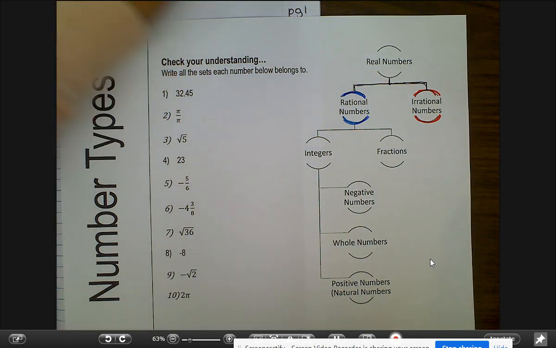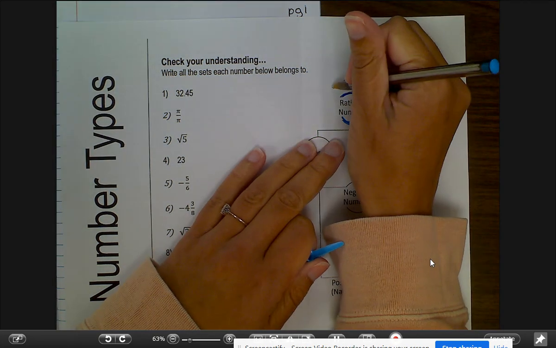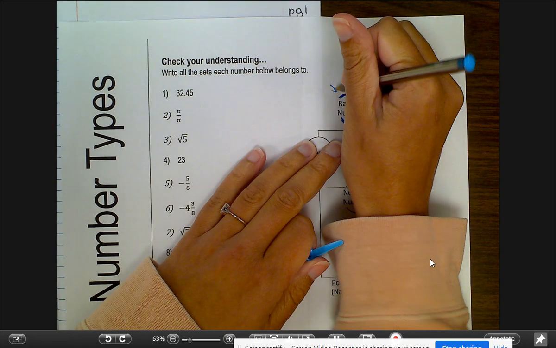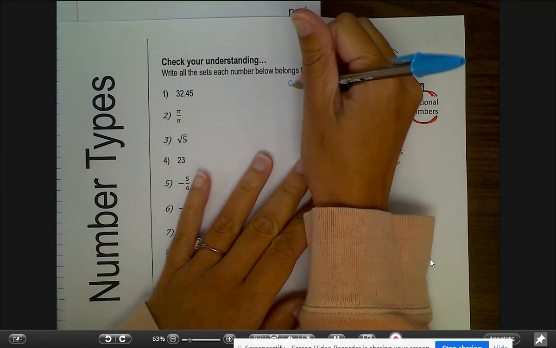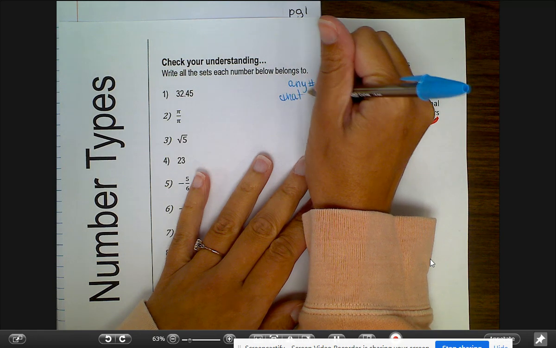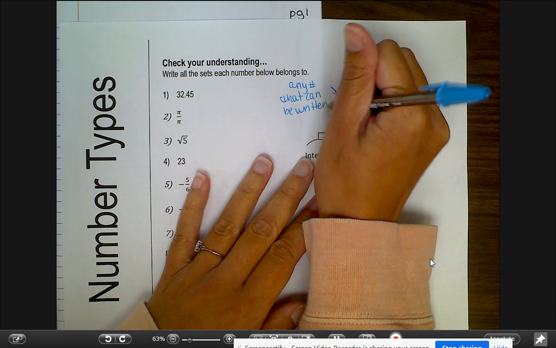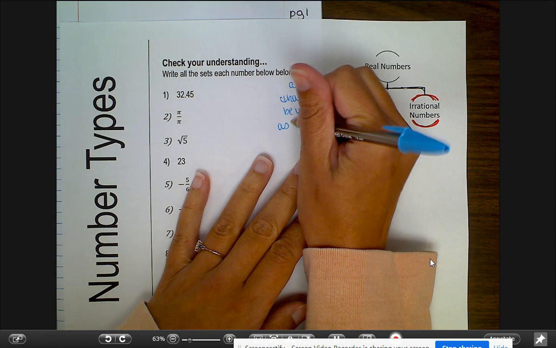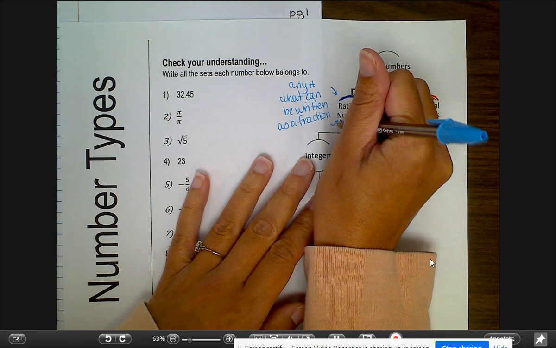And so what it means to be a rational number, the word rational itself means written as a fraction. So any number that can be written as a fraction is a rational number.